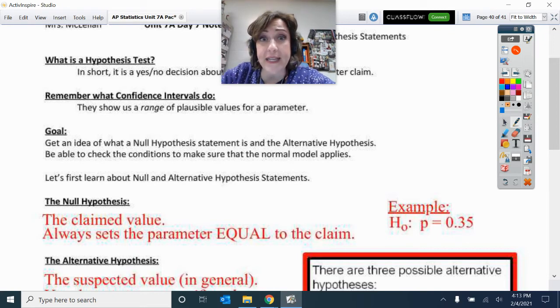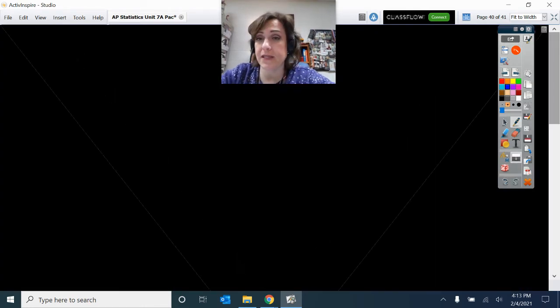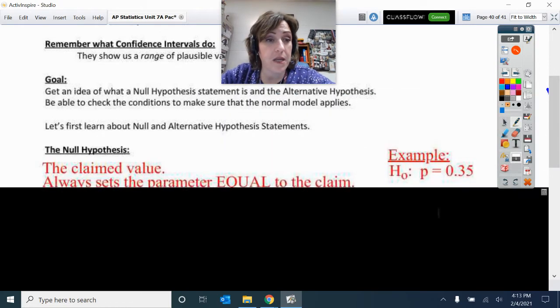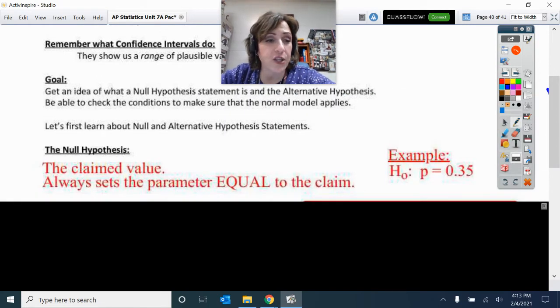Those are the same things that we have been doing, so that's nothing new. But let's first learn about the null hypothesis and alternative hypothesis statements. First, the null hypothesis. The null hypothesis is your claim, the claimed value. It is always setting your parameter equal to that claim.